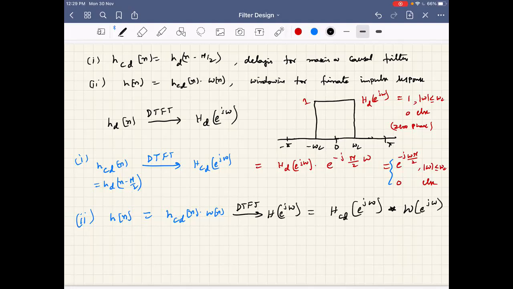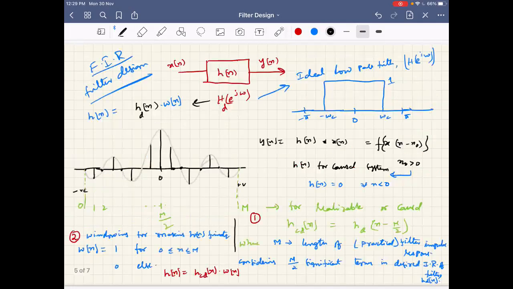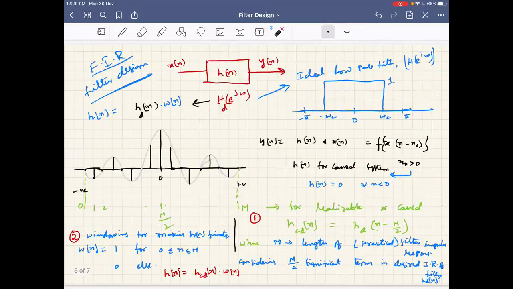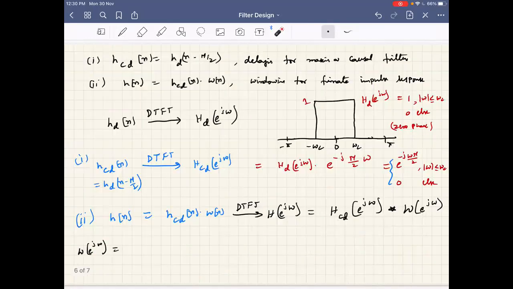Now the question is, how does the window function frequency response look? Can you tell what W of e power j omega will be? As you have seen, w of n is a rectangular function, purely: from 0 to M it is 1, and 0 elsewhere. If you find W of e power j omega, I will leave it as an exercise for you to find. I directly write the answer here.